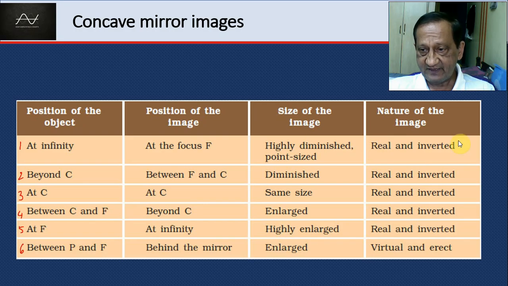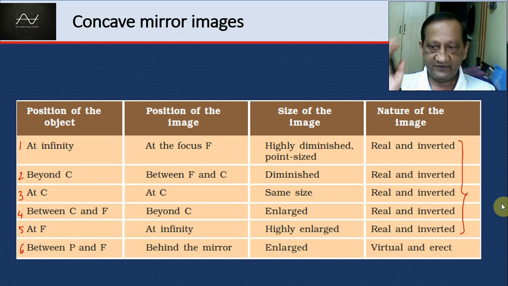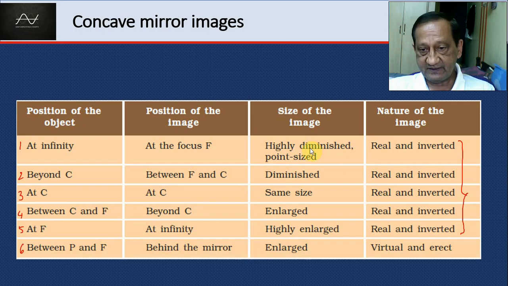So the nature of the image is real and inverted for the first five positions. That means from infinity up till the focal point. First five positions were real and inverted. But the size kept on increasing. From highly diminished, it became diminished, then same size, then magnified, then highly magnified. So as you come closer, the size of the image is increasing.